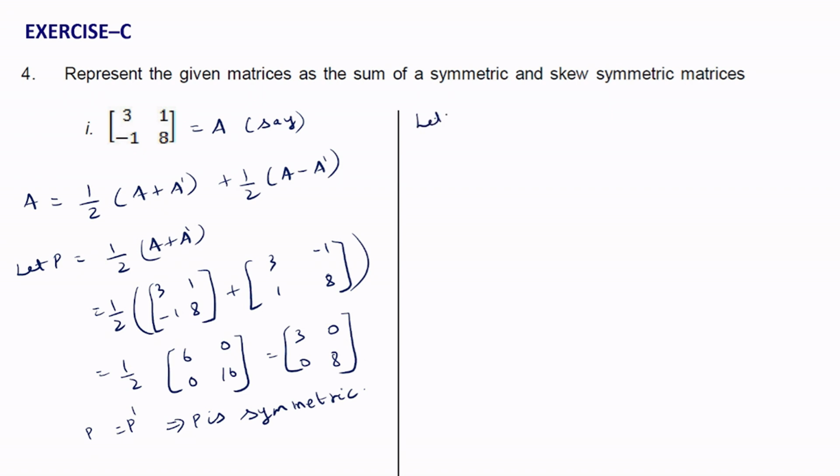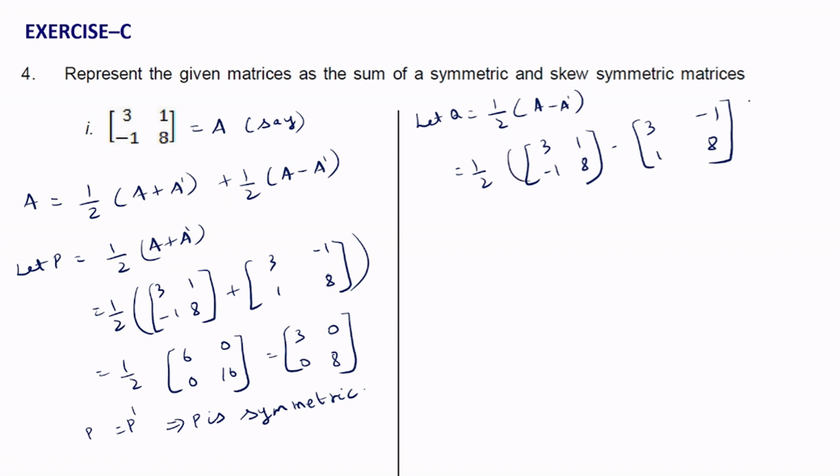Next, let us have Q as half of (A minus A transpose). So this is half of A, which is [3, 1; -1, 8], minus A transpose, which is [3, -1; 1, 8]. So this is half of [3-3, 1+1; -1-1, 8-8], which is [0, 2; -2, 0].